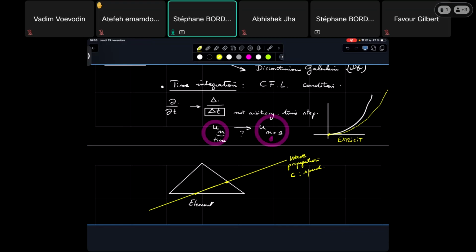You can say that the element has a certain size, or the element, let's say, has an area A, so it has a characteristic length square root of A, for example.